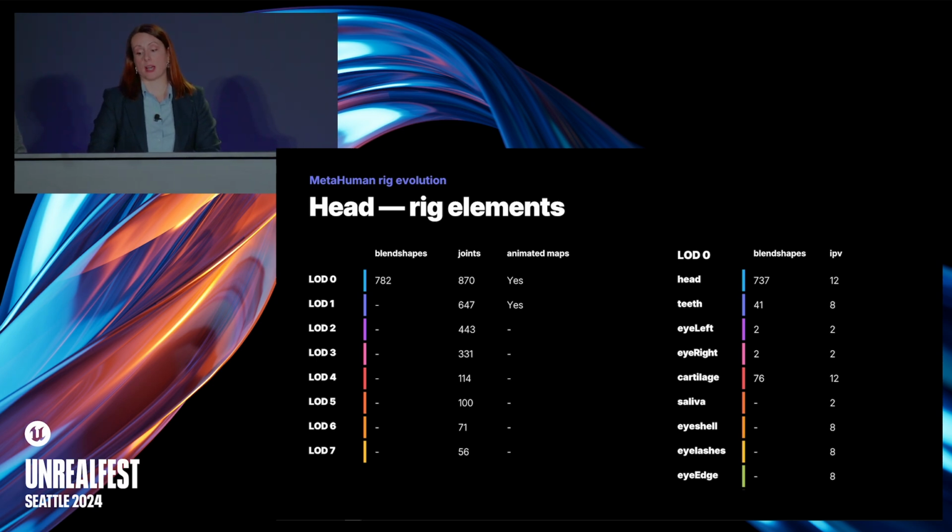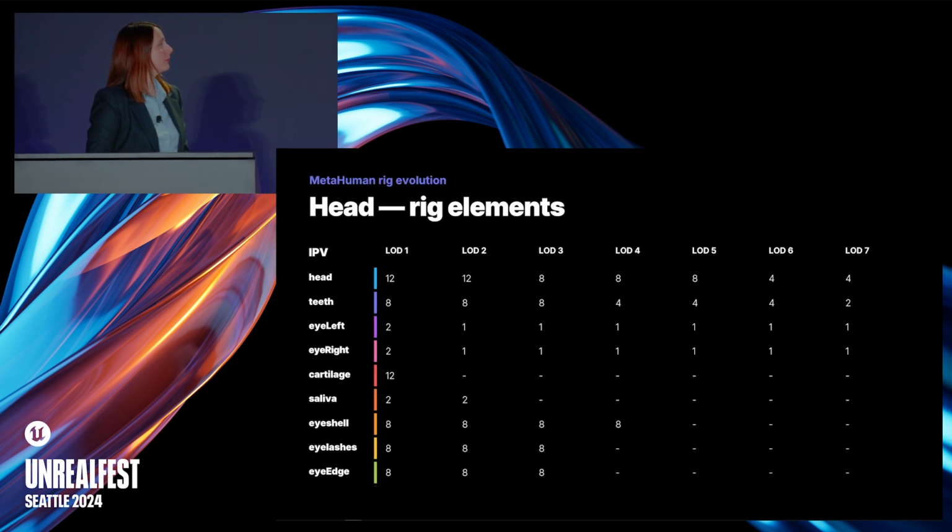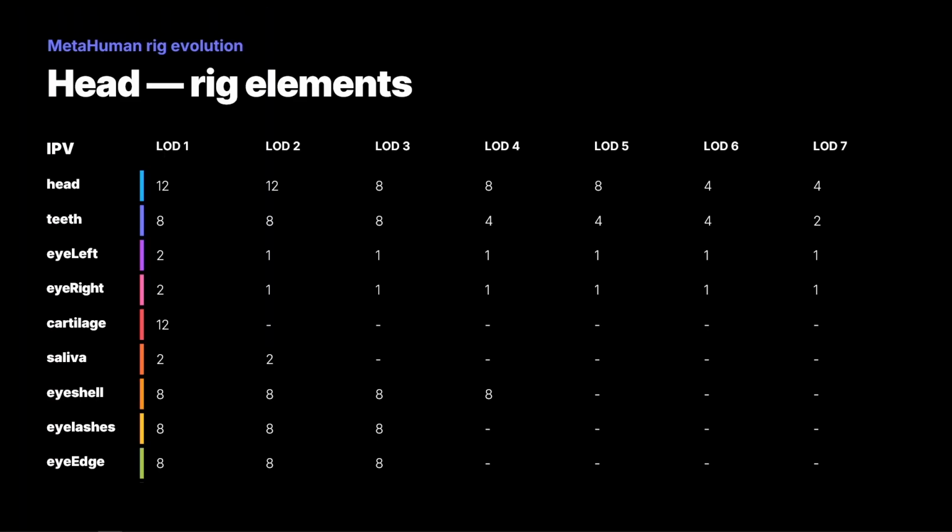Animated maps are activated only for LOD 0 and LOD 1. Observing lower LODs, here you see what is the influence per vertex for every mesh. I do hope this could be useful when you have some specific requirements and for your targeted platforms and want to choose wisely.